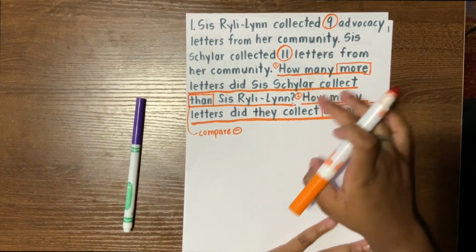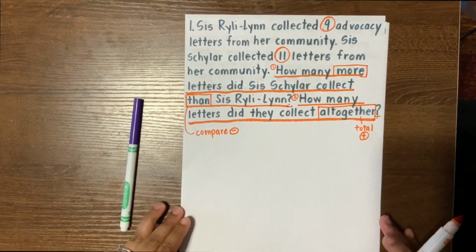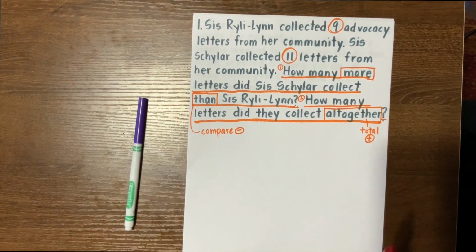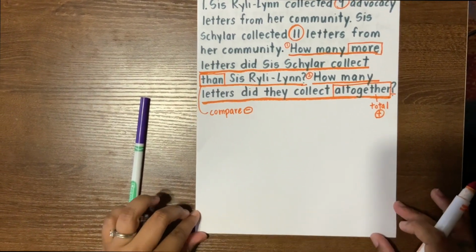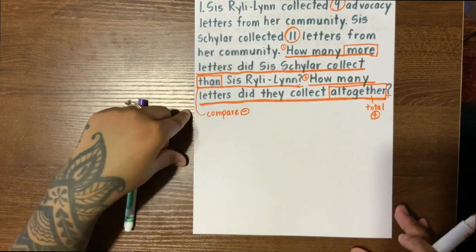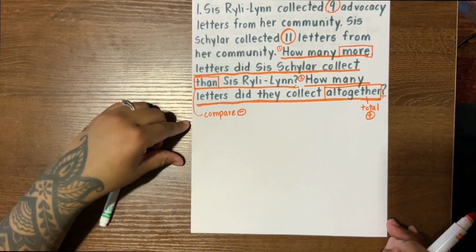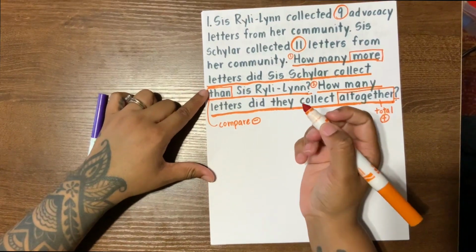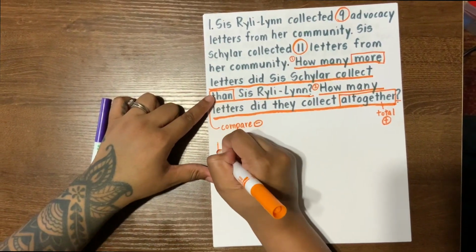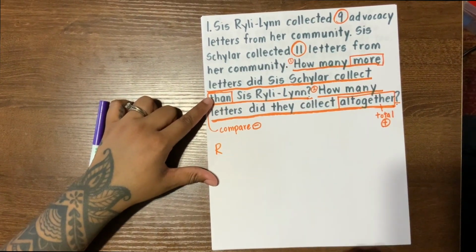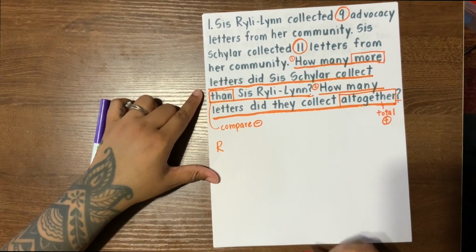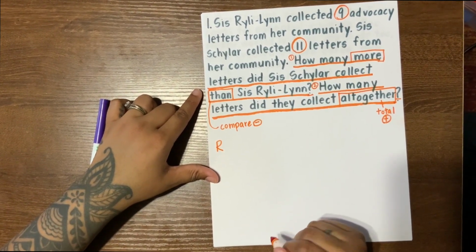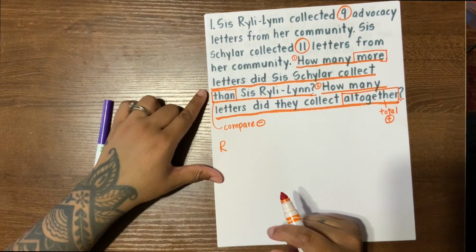All right, so let's tackle our first question. How many more letters did Sister Skylar collect than Sister Riley Lynn? I have to find the difference by comparing, which means I should draw a tape diagram. I'm going to begin by drawing Sister Riley's tape, so I'm going to label it with an R. And then, how many letters did Sister Riley collect? 9. Very good.